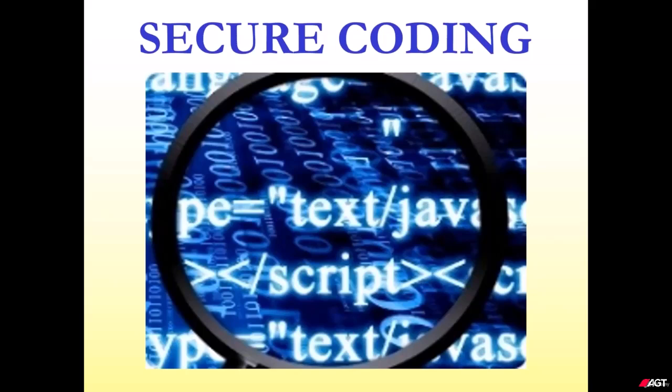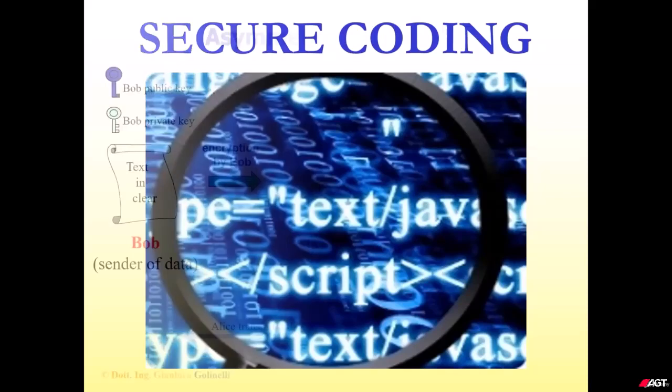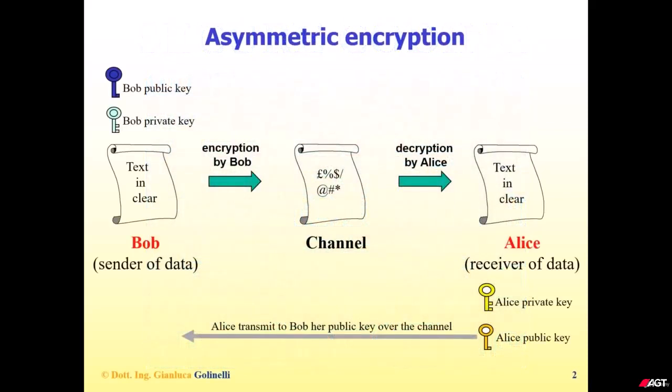In this lesson, I will explain the working principle of asymmetric or public key cryptographic algorithms. Asymmetric cryptography is mainly used in the transmission of data on the channel, solving the problem of the interception of the key of symmetric algorithms.